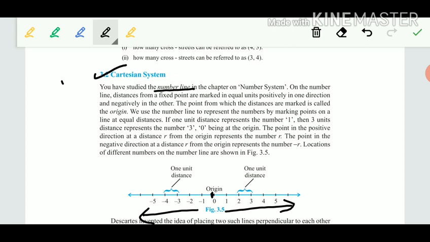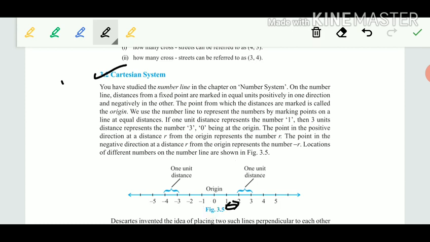The point from which the distances are marked, that fixed point, is called the origin. From the origin, the numbers on the right side are positive, and the numbers on the left side are negative, and the distance between the numbers is fixed.